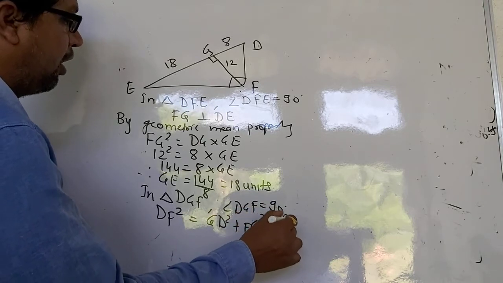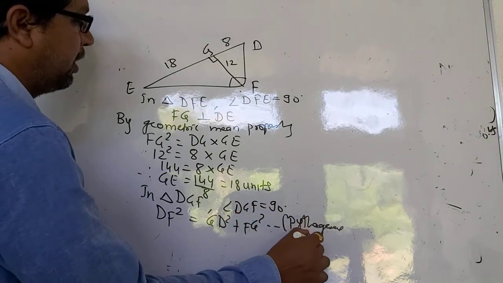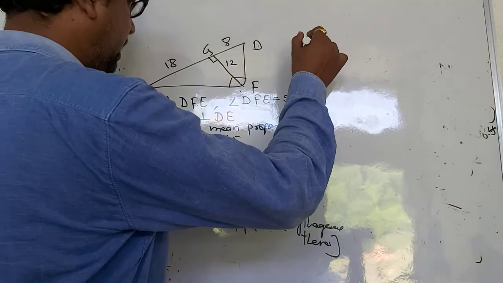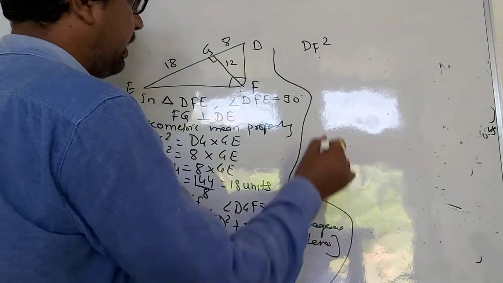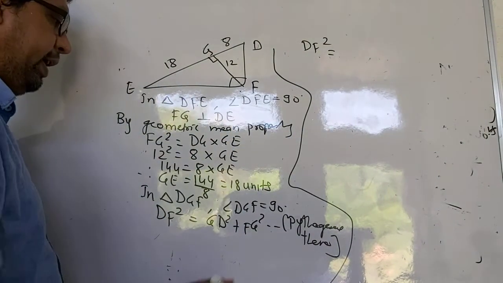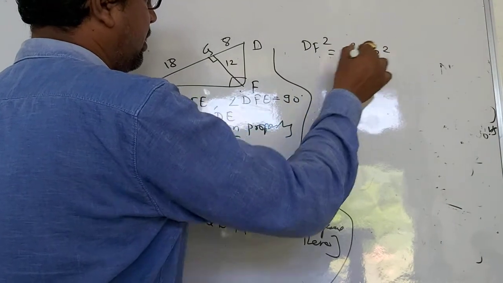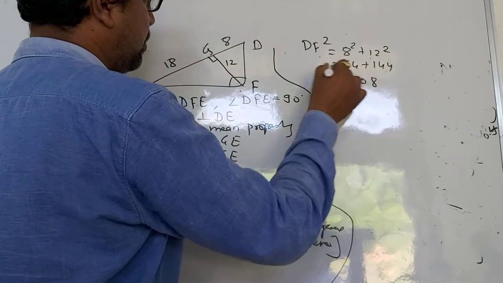Reason you can give Pythagoras theorem. Now we will write upside here. Therefore, substitute the values. DF square is equal to 8 square plus 12 square, 64 plus 144, you will get 208.